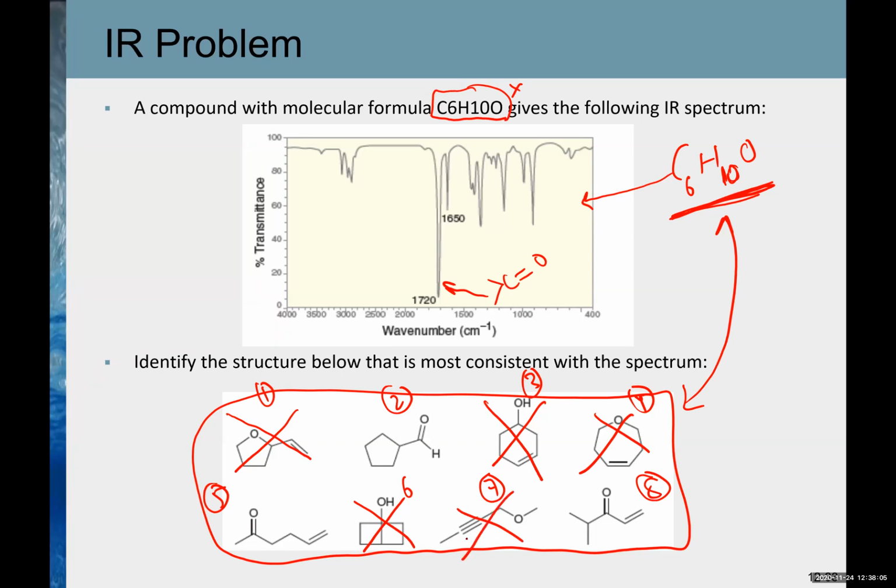Okay, getting better. So now, it has to have a C double bond C because of the 1650 peak. That is a good find again. So the 1650 peak is C double bond C stretching, right? So what can we eliminate now? 2. 2 is gone.